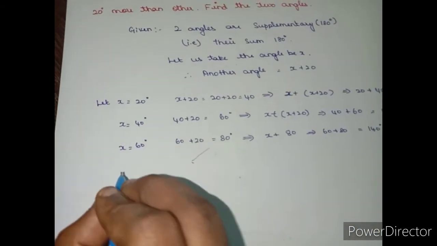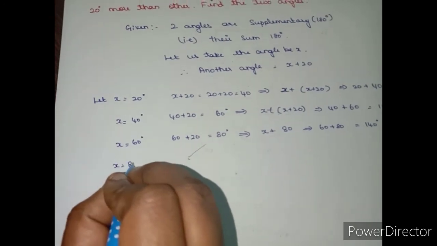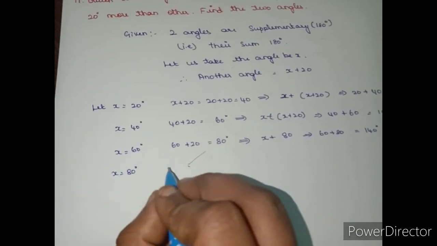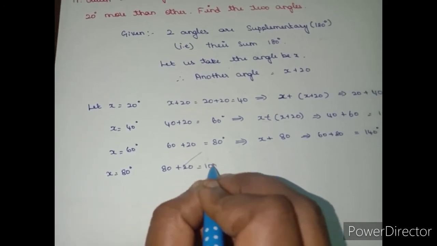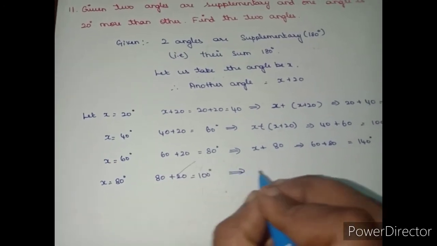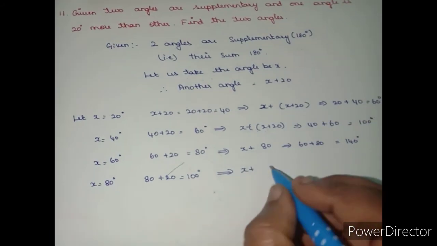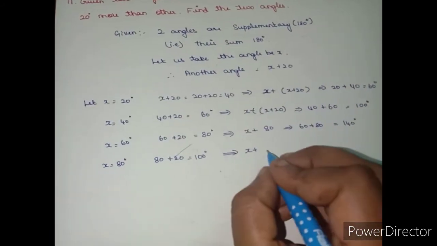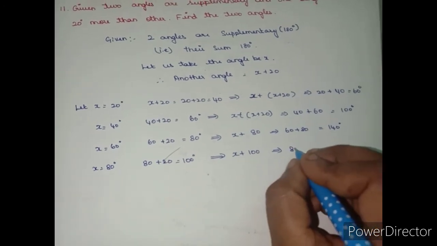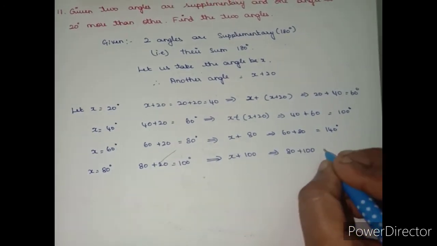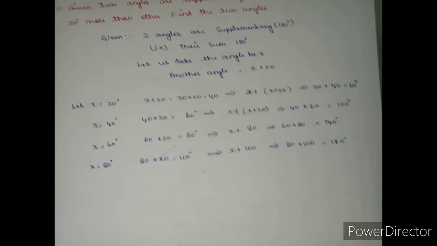So next step we'll go with x is equal to 80 degree. So 80 plus 20, it is 100. Next is x plus what we have got, 100. x is 80 plus 100, it is 180 degree.